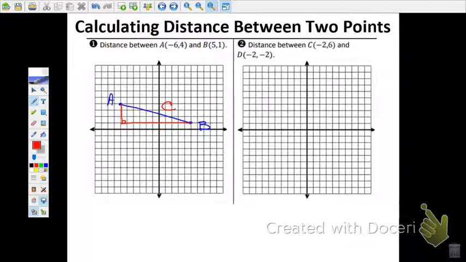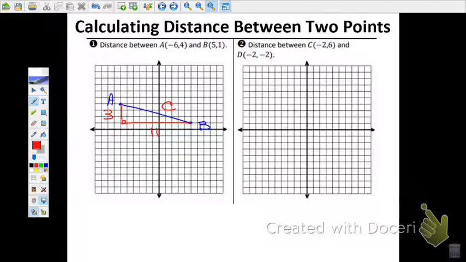And I can find the length of my 2 legs. So this short vertical leg is how long? 3. Just count my squares. The horizontal length is how long? 11, isn't it? Wait, I thought the 3 was supposed to be negative.